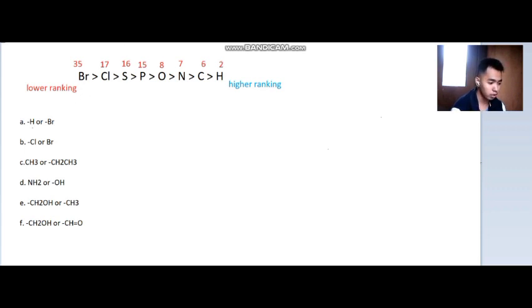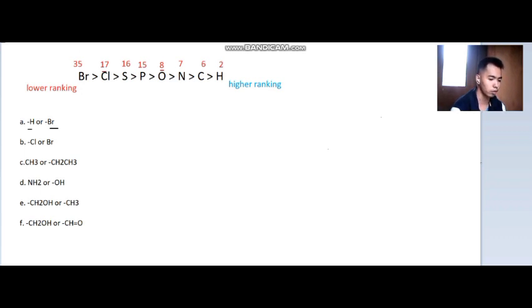To rank these kinds of chemicals, we need to rank them based on their atomic number. So for example, chlorine ranks higher than oxygen and nitrogen.